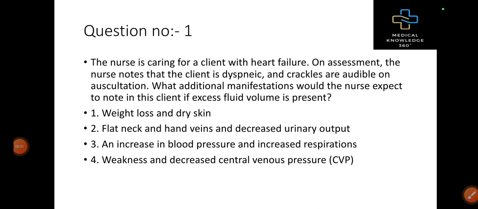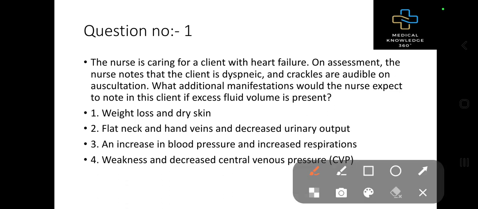Here, the question says that there was a client with heart failure and the nurse assesses the patient, and on assessment the nurse found that the client is dyspneic and crackles are audible on auscultation. So the right answer for this question is option third, that is an increase in blood pressure and increased respiration, because a fluid volume excess is also known as overhydration or fluid overload, and it occurs usually when intake or fluid retention exceeds the fluid needs of the body.